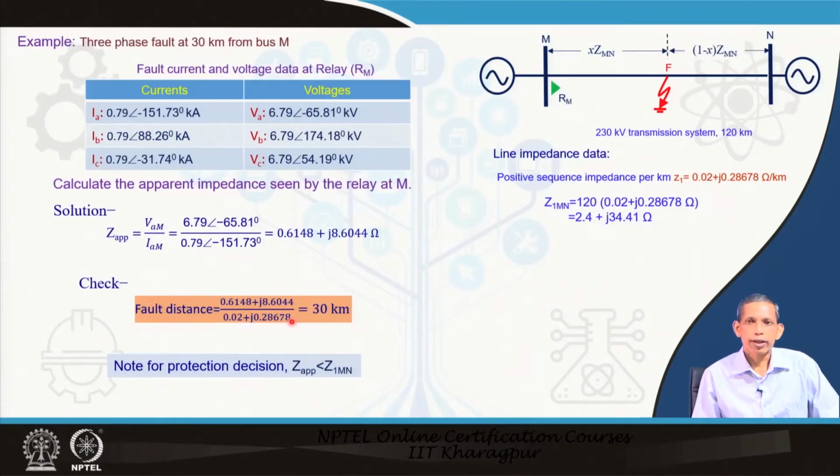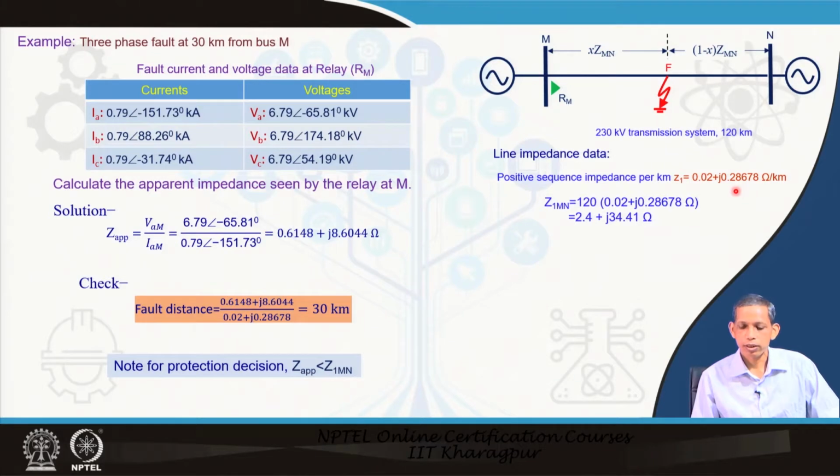Now, we will go to an example for such a system: a 230 kV system, 120 kilometer line length, and we have the positive sequence impedance per kilometer, small z1, 0.02 plus j 0.28678 ohm per kilometer. This is nothing but from the resistance and the corresponding inductance of the line available.